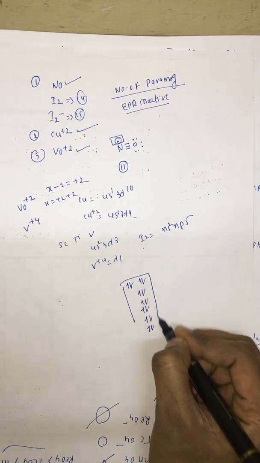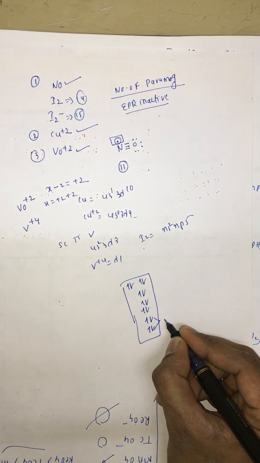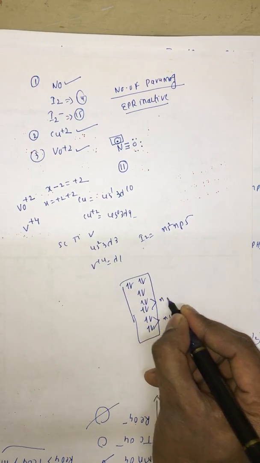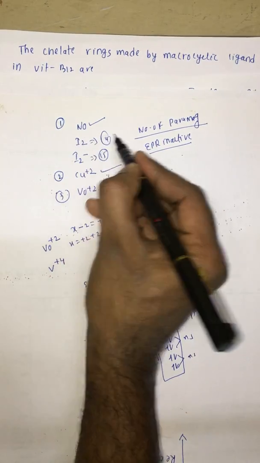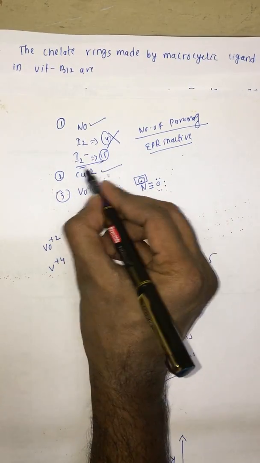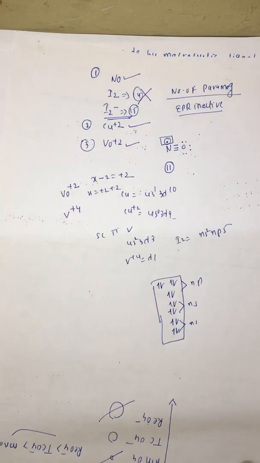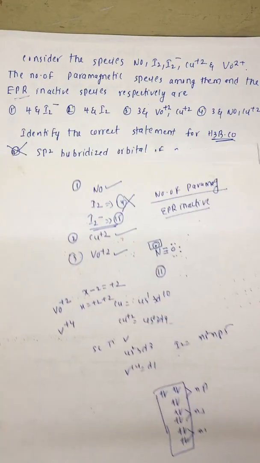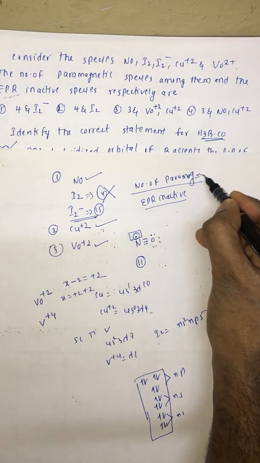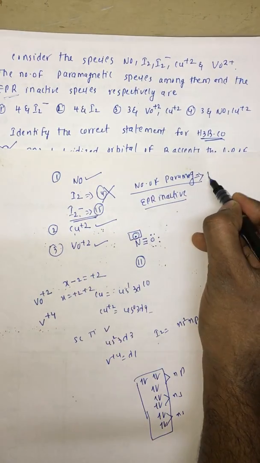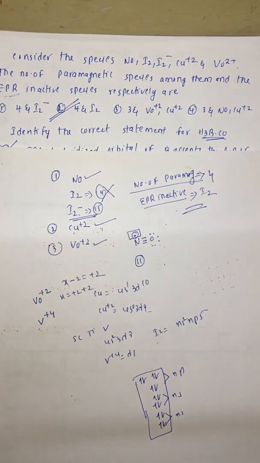So I2 cannot be paramagnetic, it is diamagnetic, and I2 minus will be paramagnetic because 15 electrons are there. So the total number of paramagnetic species is 1 2 3 4, and the EPR inactive one is only I2. So the answer is this one.